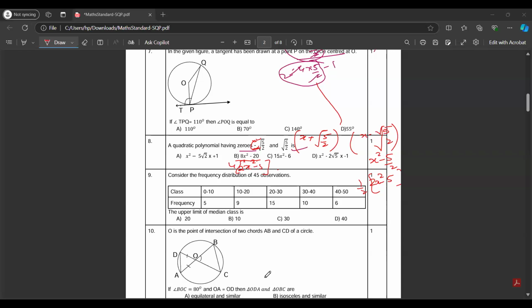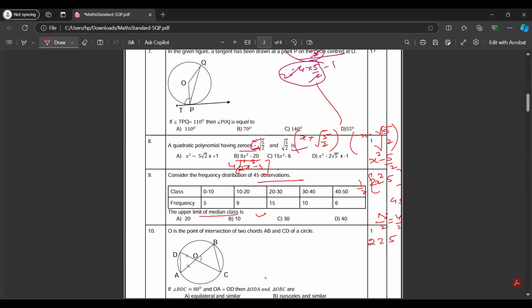Now next, consider the distribution of 45 observations. The upper limit of the median class. Now observations are how many, beta? 45, right? So find n by 2 first of all. 45 by 2 will be 22.5.